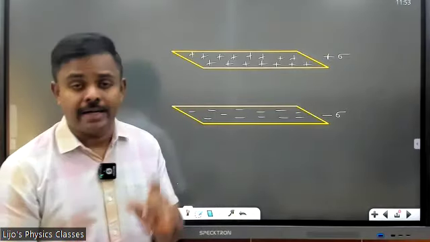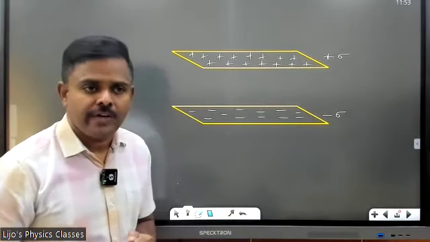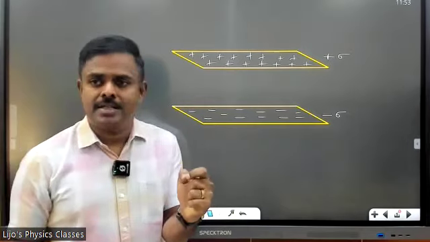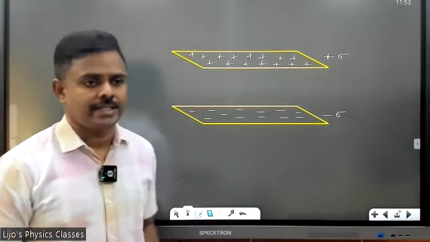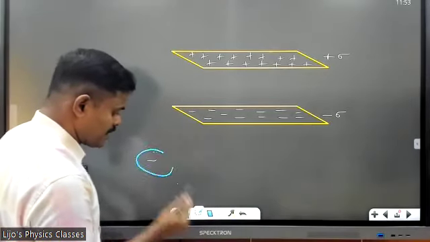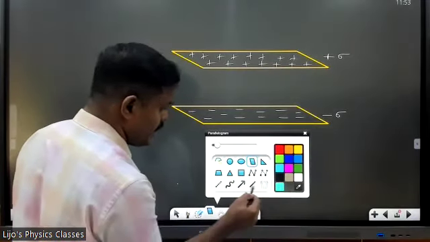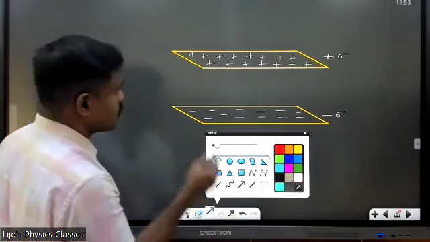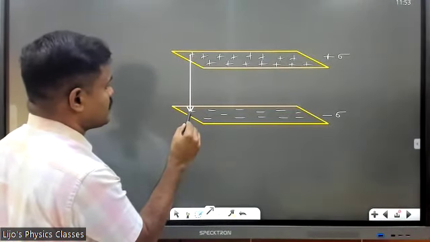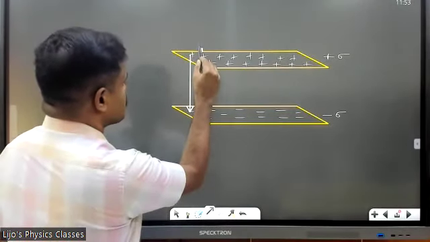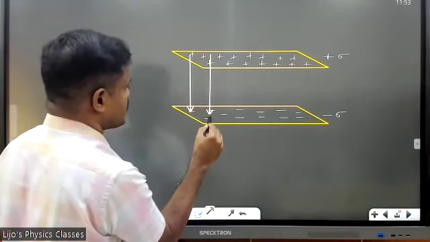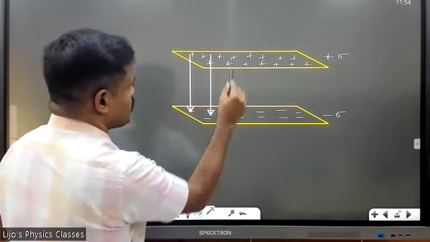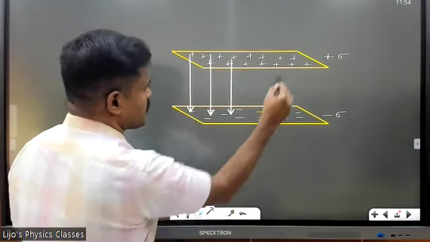Got it? And then how do we draw the electric field lines? Electric field lines are supposed to originate from positive and terminate on negative. So I'm drawing the electric field lines from positive to negative, and I'll draw many of them.